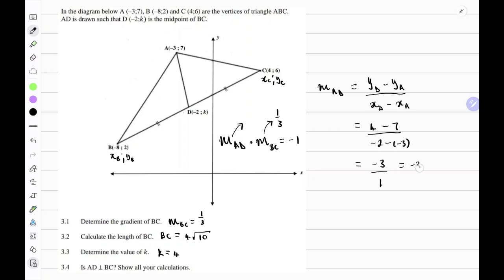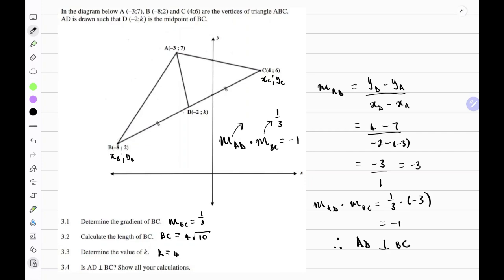So this is equal to minus 3. Let's test. m of AD times m of BC is equal to 1 over 3 multiplied by negative 3, and this here is equal to negative 1. So therefore we can say that AD is perpendicular to BC.